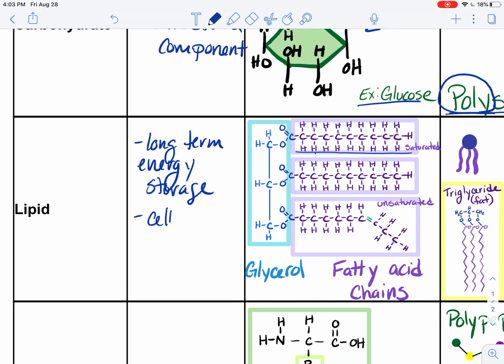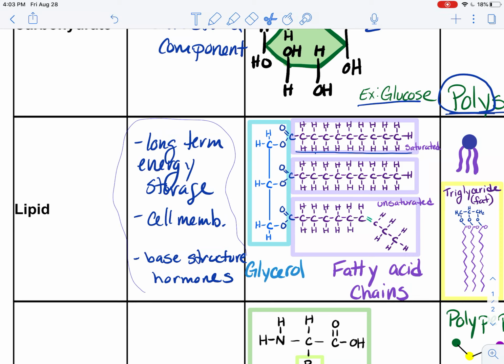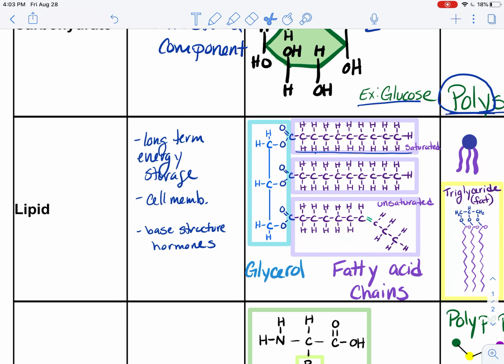They also are an integral part of our cell membrane, and I'll talk about that in a little while. And they also form the base structure of some of the hormones in our body. So, those are three of the main functions of lipids that we're going to chat about.